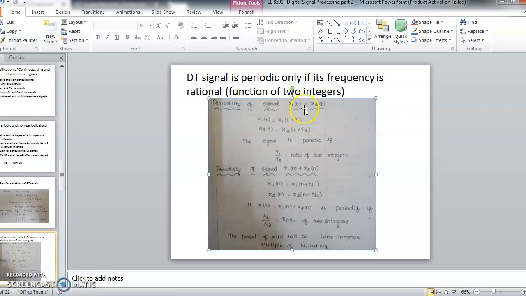Periodicity of a signal, this is another example: x1 of t plus x2 of t. Here x1 of t is changed as x1 of t plus T1, and x2 of t is changed as x2 of t plus T2. So here the ratio of two integers, T1 by T2, will be found. Similarly, for a discrete time signal, x of n equal to x of n plus N1. Here also a ratio of two integers will be found.